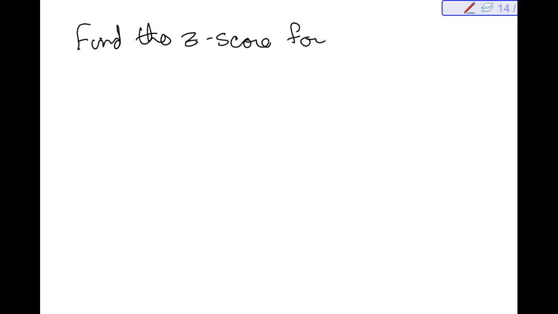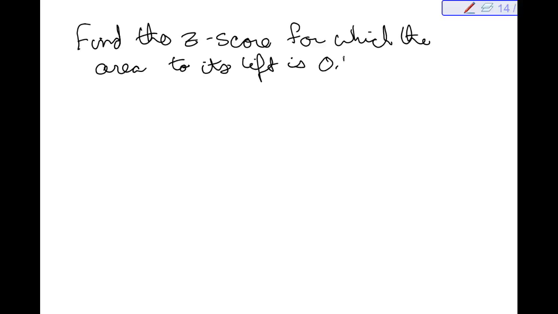Now, I want to look at one other thing, and that is find the z-score for which the area to its left is 0.13.